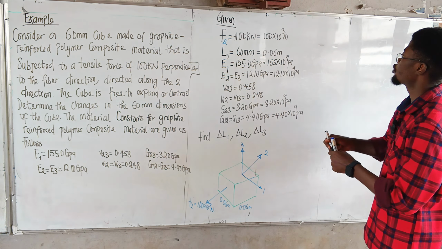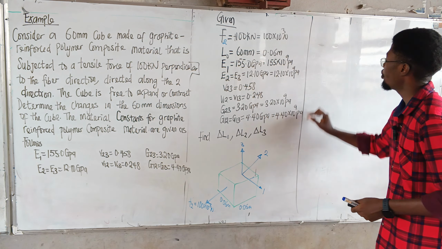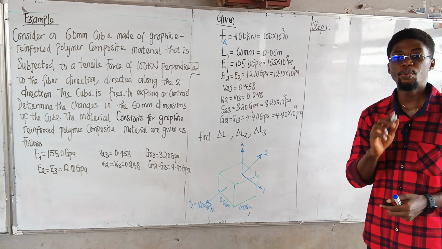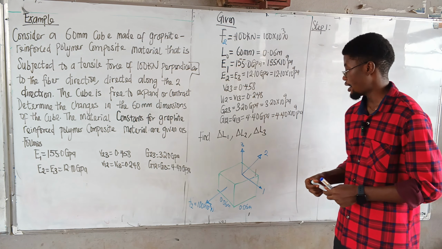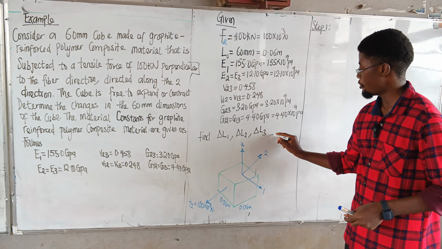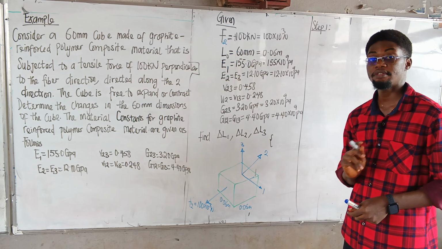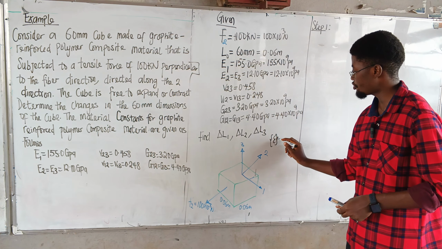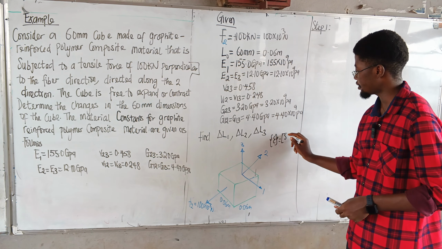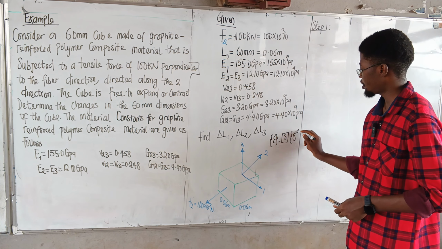Okay, so whenever you are solving this question, the first step is based on what we know. Remember, what are you looking for? You are looking for this change in dimension, right? You know that from our first equation, the constitutive compliance matrix, we said that our strain is equal to the compliance matrix times what? The stress.